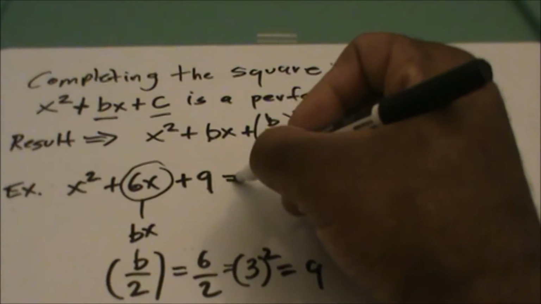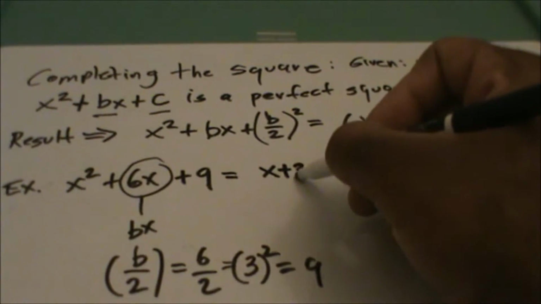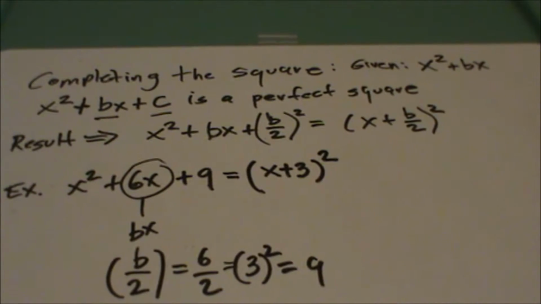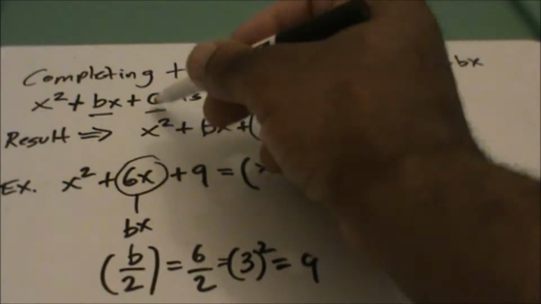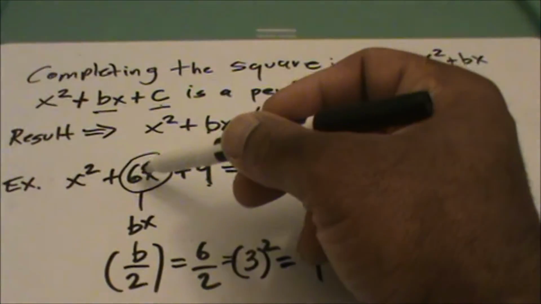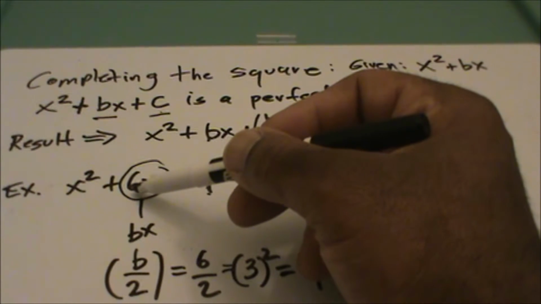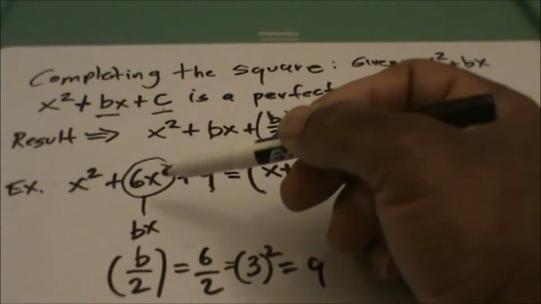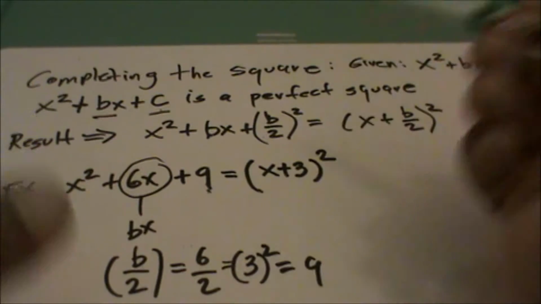So I can write this as a binomial, x plus 3 squared. So this is the c value, which will be 9, and it also corresponds with the b value, whether the b value will be the sum of the same two numbers or the difference, you know that it will be using the same values involved in finding the c value.